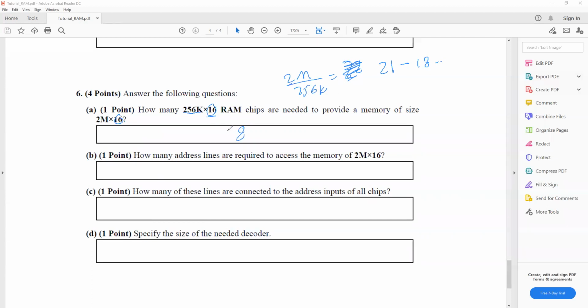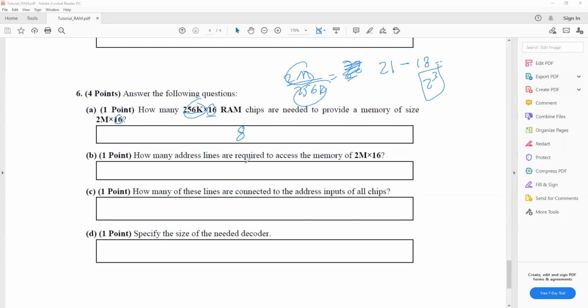If you divide this by that, it's going to be 2 to the 3, which is equal to 8. So you need 8 chips of 256K to build 2 megabyte by 16 bit. Each 256K gives you 1 mega, so you need 8 for 2 mega. Just a simple division.